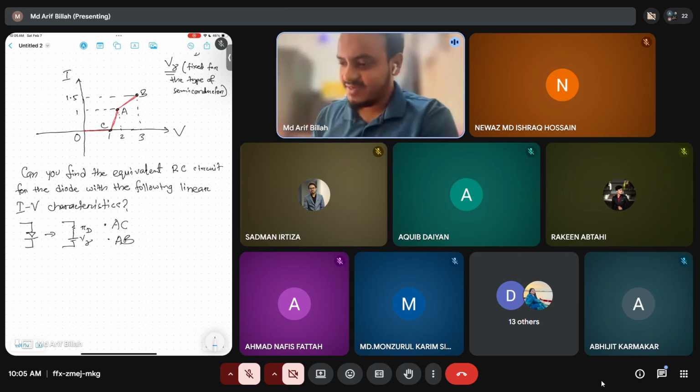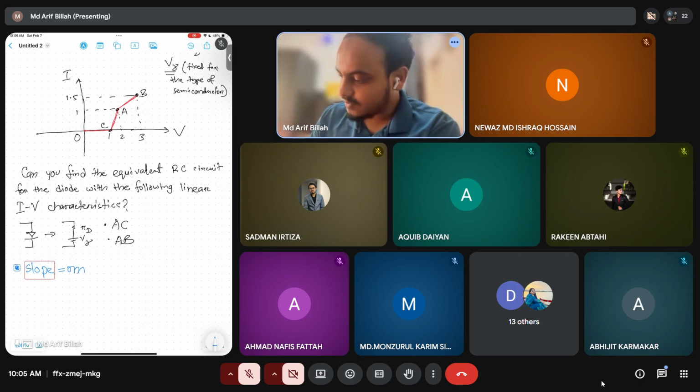So let's go ahead and solve this. What we learned from last class is that the slope of the linear curve, slope equals m.